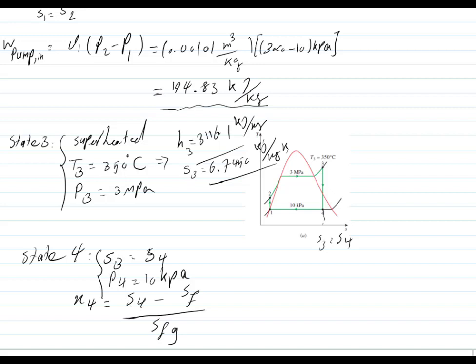It is equal to the S3 we have here, 6 point something. So we need to go to the table, and for this pressure, find the sf and sfg.